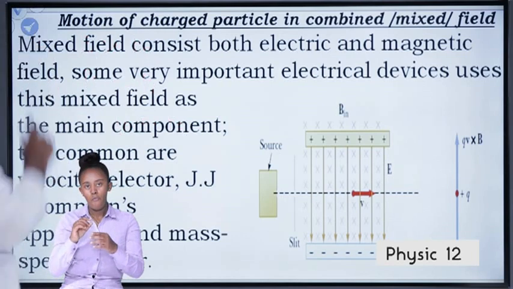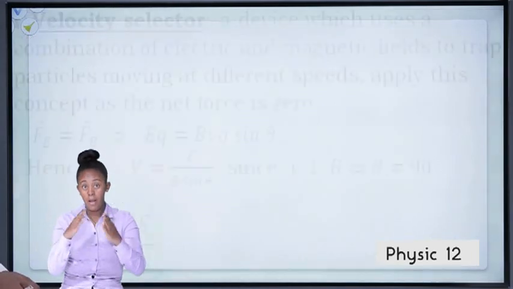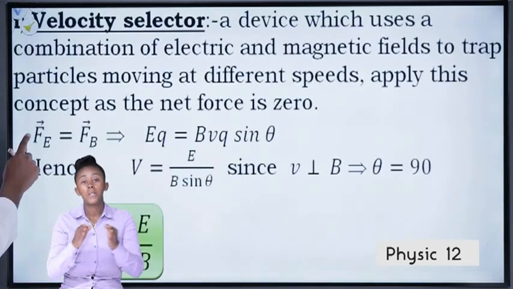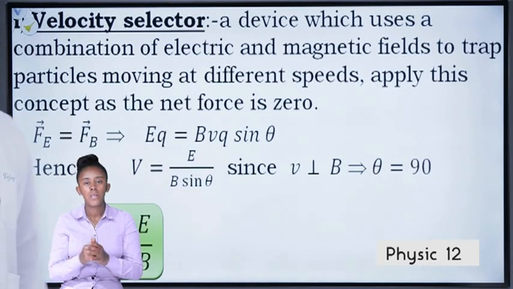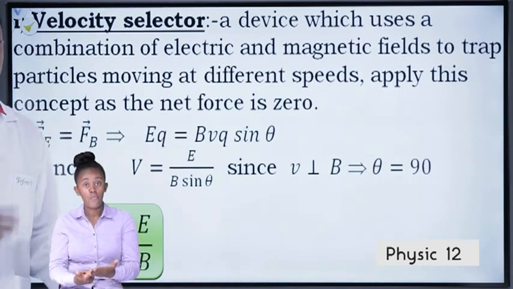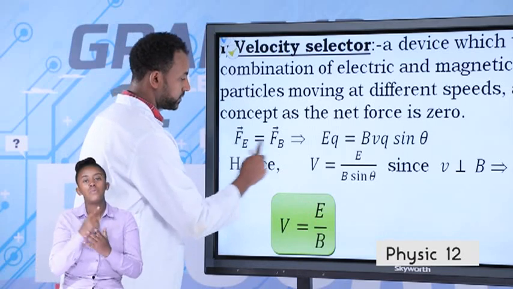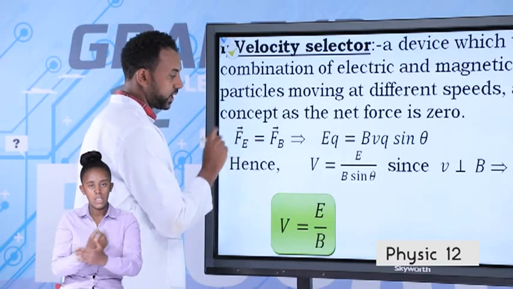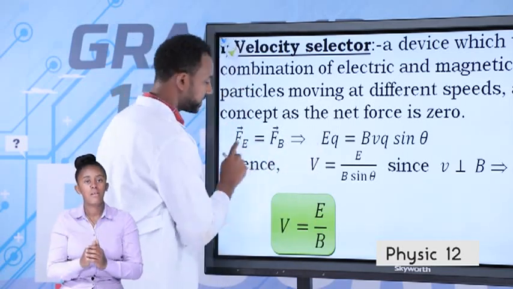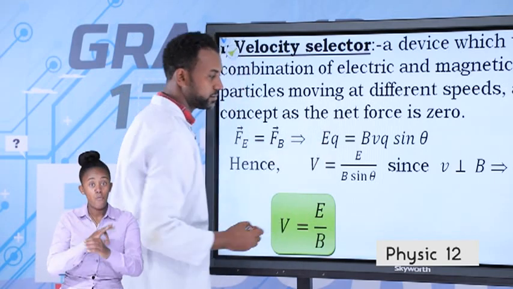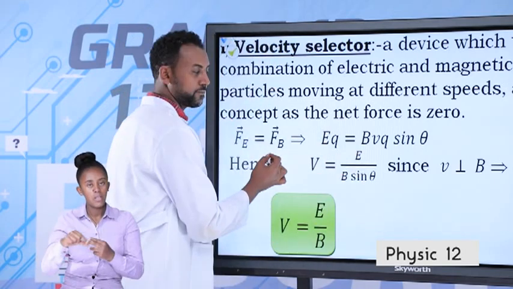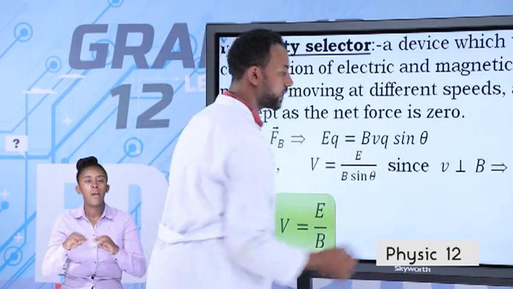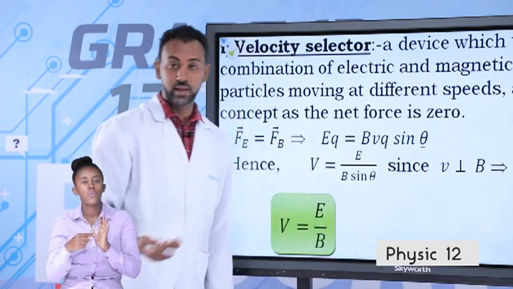So mathematically, we can find an expression like this. Actually, the combination of these two forces is known as the Lorentz force. But in this case, let's see that the two forces are equal, and mathematically we can equate them. Electric force is given as electric field times charge, and the magnetic force is given as BvQ sine theta, where theta is 90 degrees.